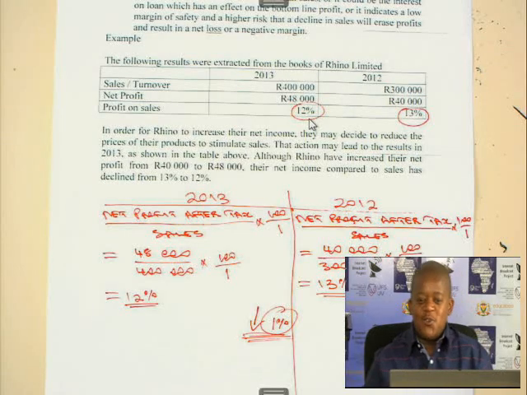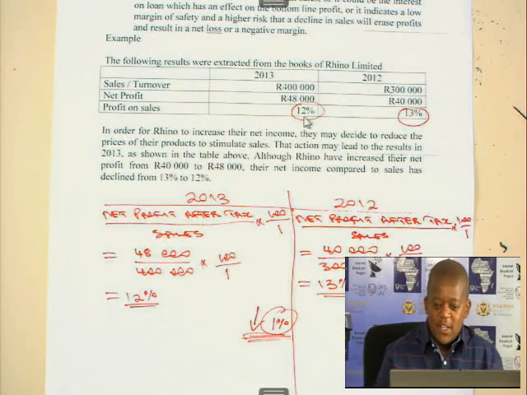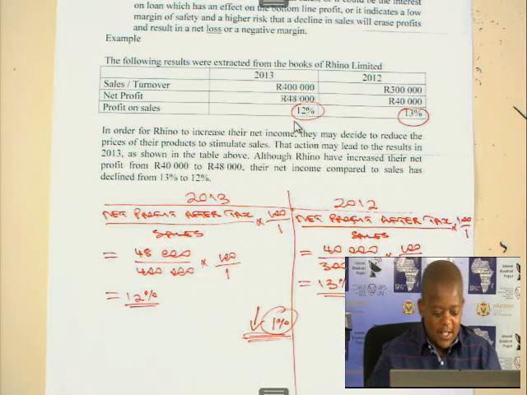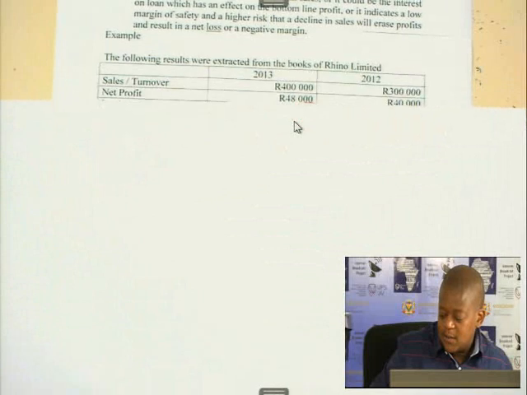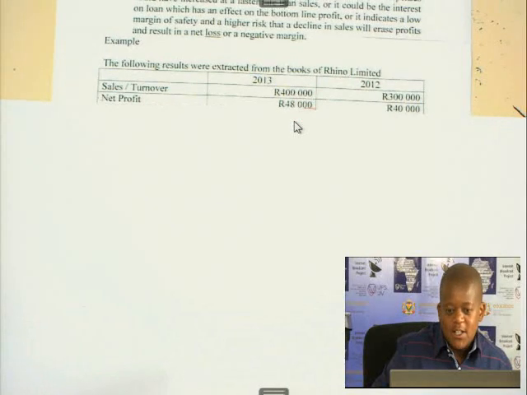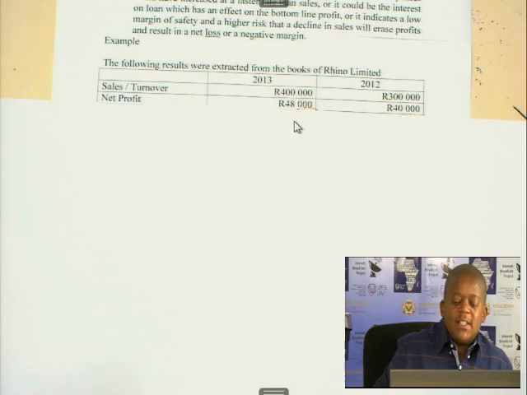I hope that you understand the scenario here. If you look at this, excluding the profit on sale, one will assume that sales increased from 300,000 to 400,000, and our profits also increased from 40,000 in 2012 to 48,000 in 2013.